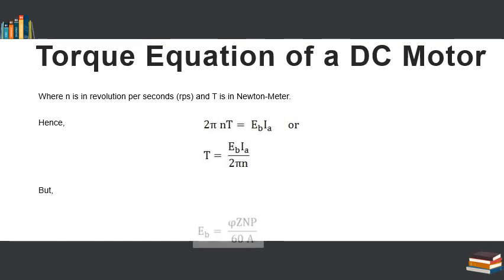But we know that the back EMF in case of the motor, Eb, is equal to phi Z N P divided by 60 into A, where phi is called the flux, Z is called the number of conductors, N is called the speed, P is called the number of poles, A is called the number of parallel paths, and 60 is a constant.